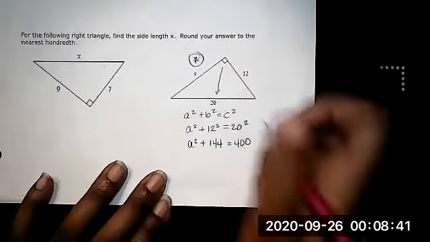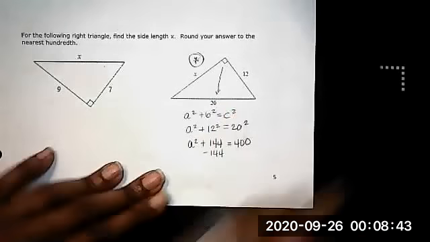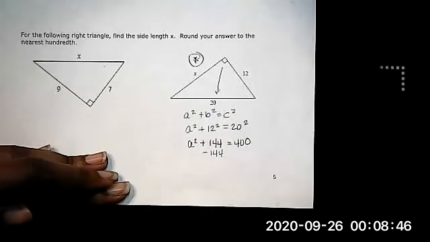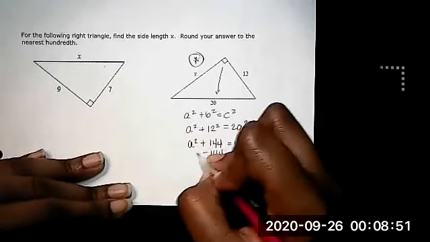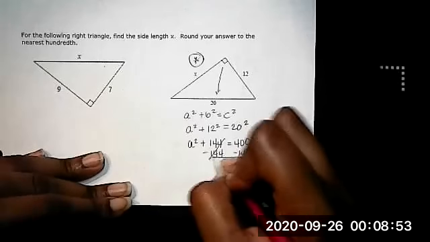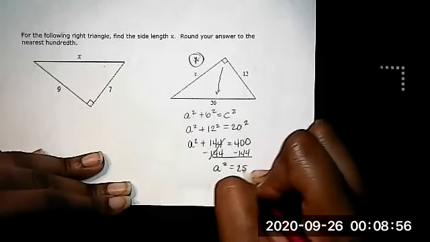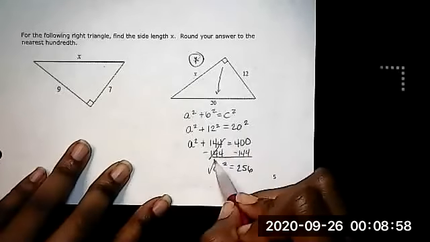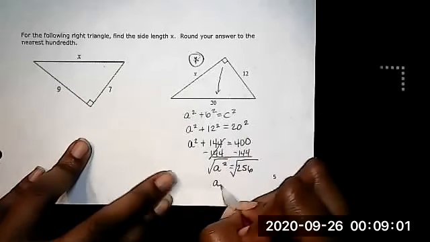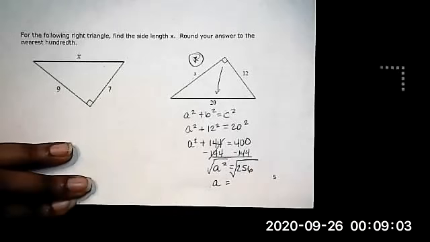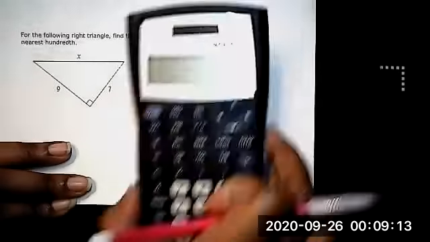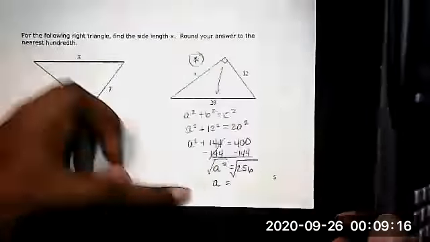We are going to find a by subtracting 144, so 400 minus 144, and we get 256 there. Now, in order to get a by itself, kind of like what we did last time, we take the square root of 256.